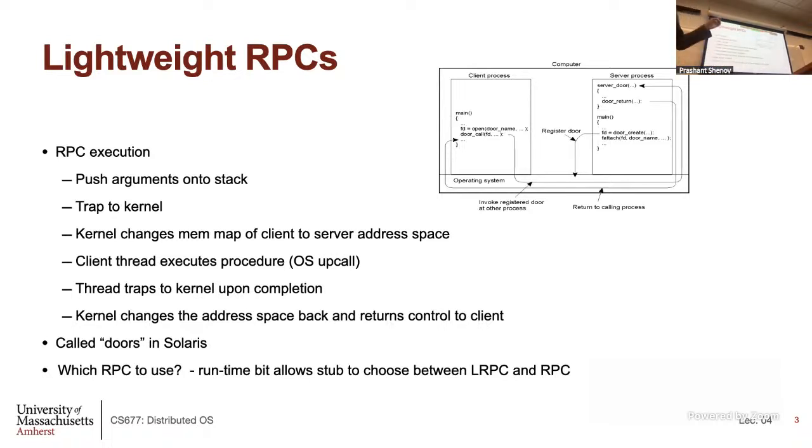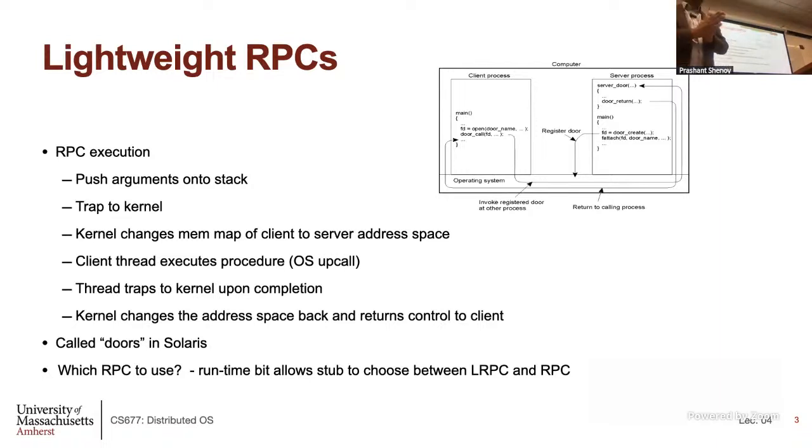So normally, when you invoke an RPC, the stub code is going to generate a message and send it over a network. The protocol stack at the other end will process it and then hand it back to the server code to execute the method and so on. In this case, because the two processes are on the same machine, you can bypass the protocol processing.